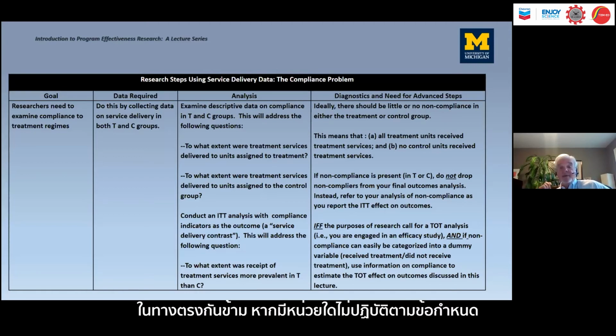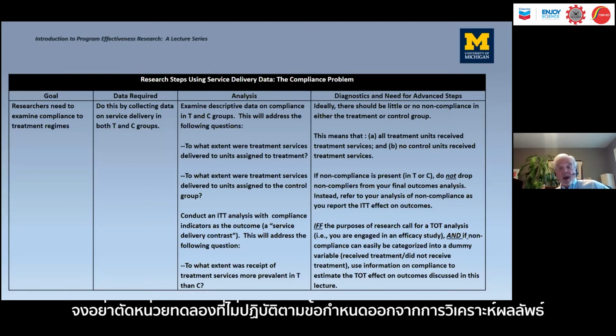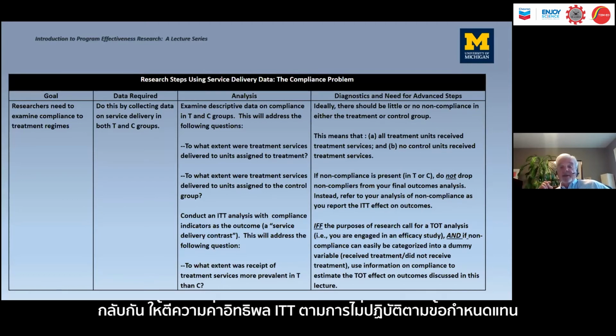On the other hand, if non-compliance is present, don't drop the non-compliers from your outcomes analysis. Instead, interpret your ITT effect in light of non-compliance.